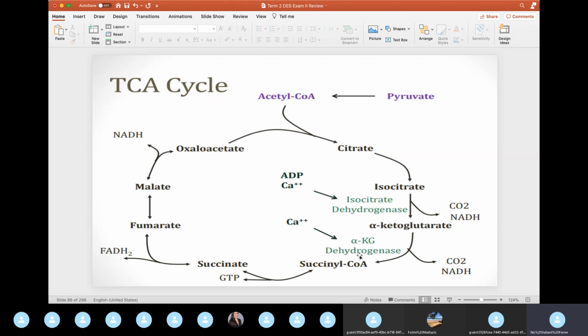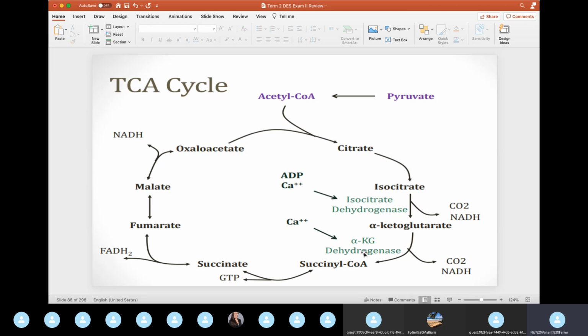In alcoholics, B1 deficiency leads to Wernicke's encephalopathy. You have ataxia, confusion, and ophthalmoplegia. This enzyme is inhibited by increase in energy, like ATP or NADH. It is also inhibited by intermediates in the cycle. If you have an increase in succinyl-CoA, you don't need this enzyme.